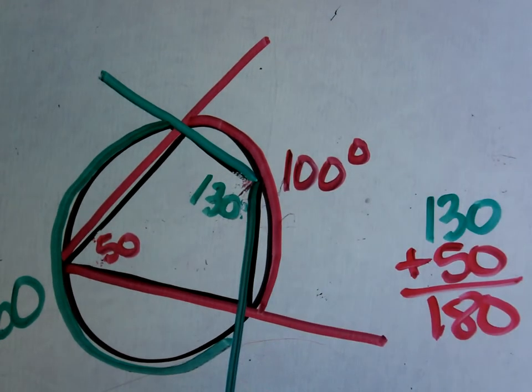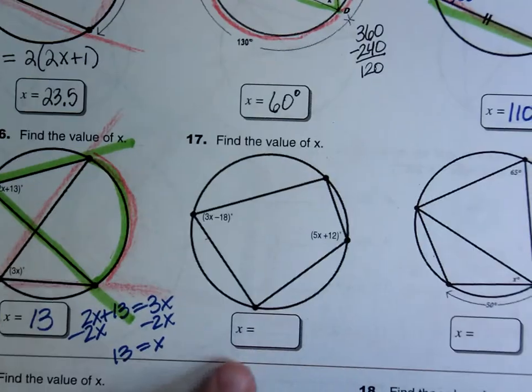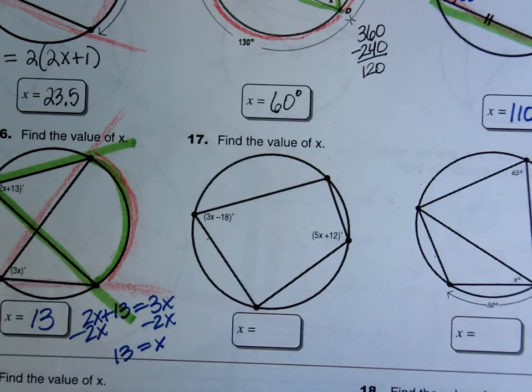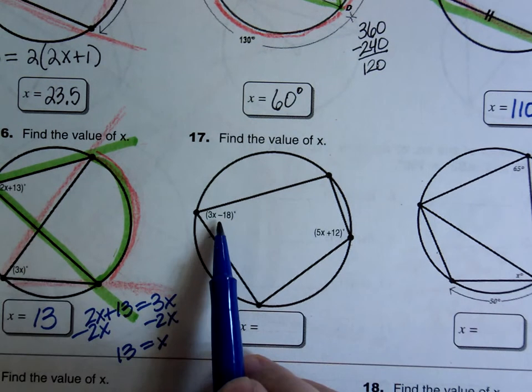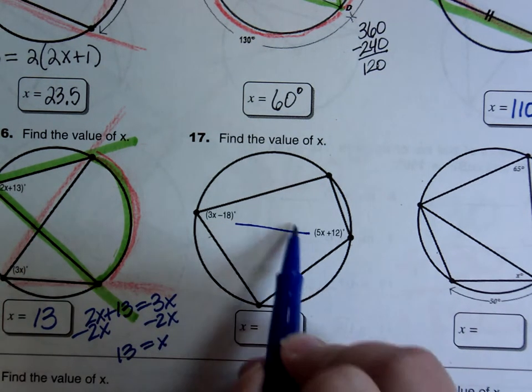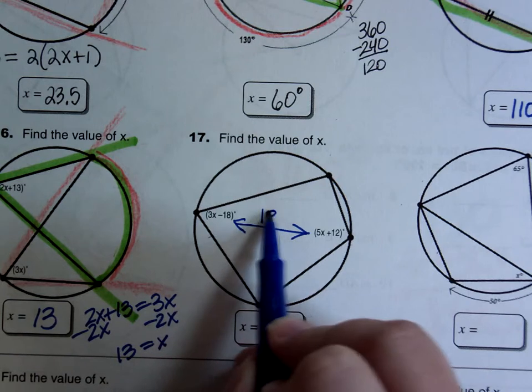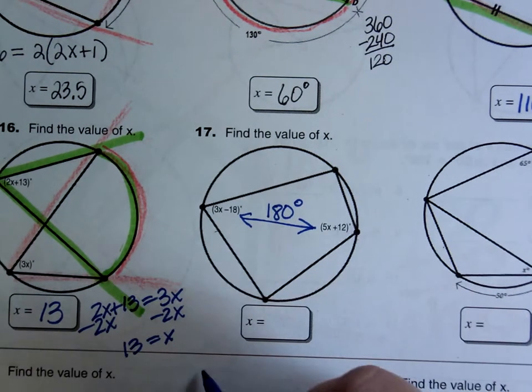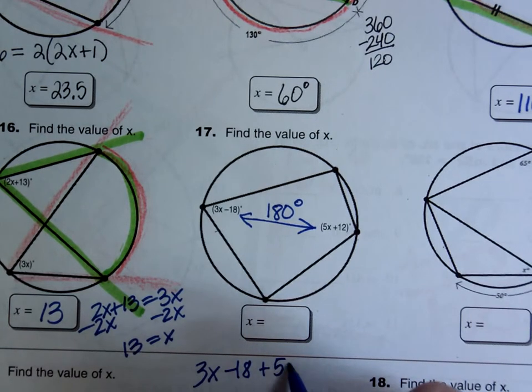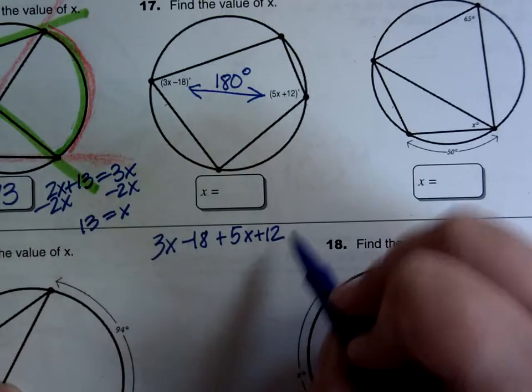So anytime a quadrilateral is inscribed in a circle, like this one here, opposite angles have to add up to 180. So that means this one and this one, these two have to add up to 180 together. So together means I add them. 3x minus 18 plus 5x plus 12 all equals 180.